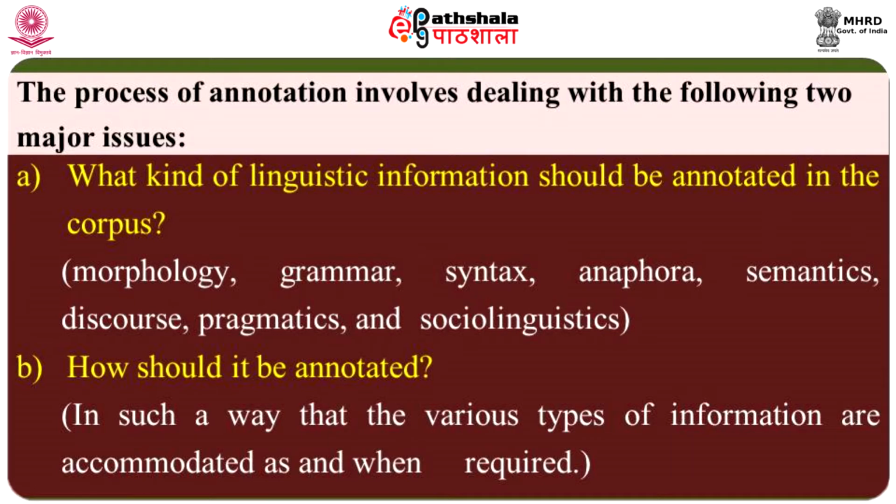The way in which the text should be annotated is such that the various types of information are accommodated as and when required. So it's not a closed set of information that is provided in annotating a text.